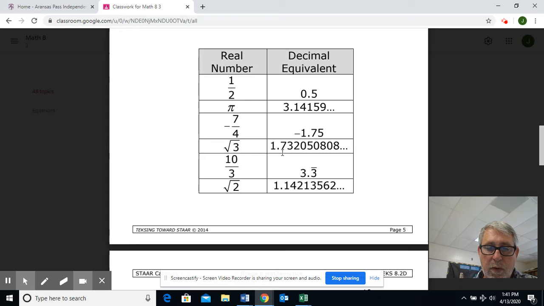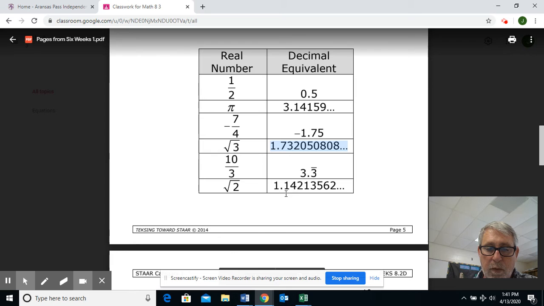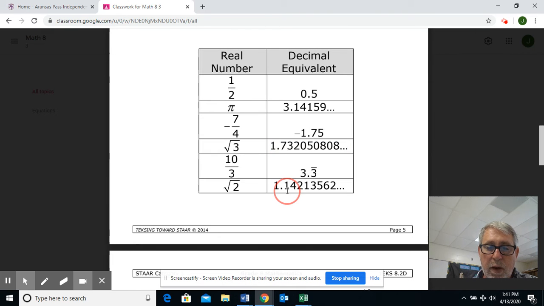Well, 1.7, stop right there, 1.7. This is 1.4. Since the 4 is smaller than the 7, the 1.4 would come next. And obviously, the square root of 2 makes sense. It's smaller than the square root of 3. So this would come next, and then this one, and then I've got to look at the two numbers here. I have 3.3, and I have 3.1.